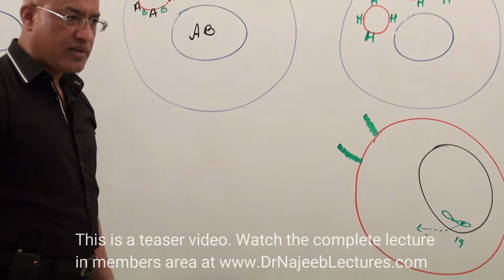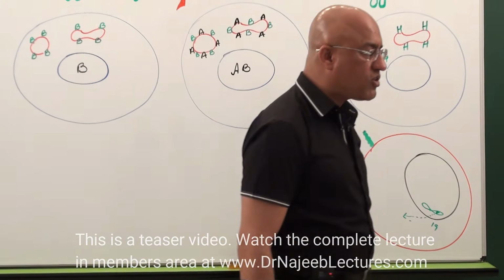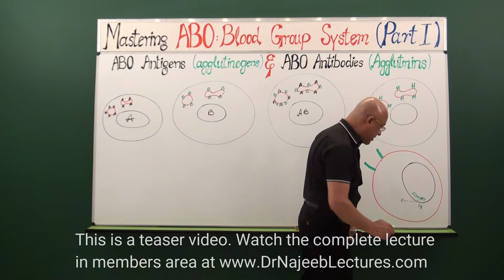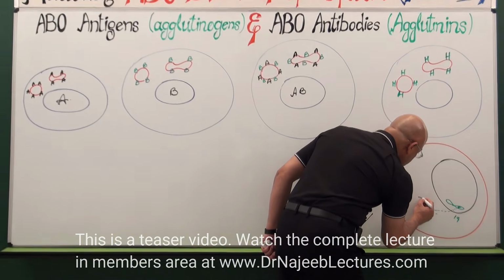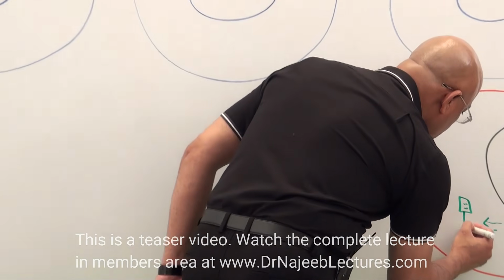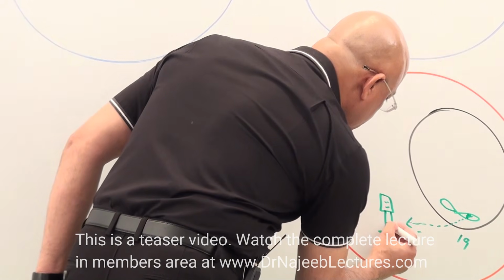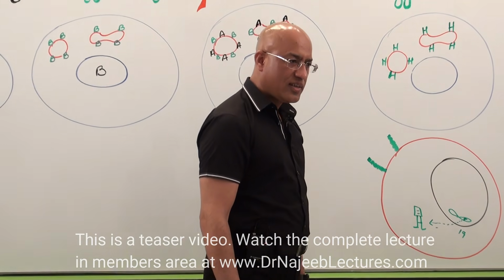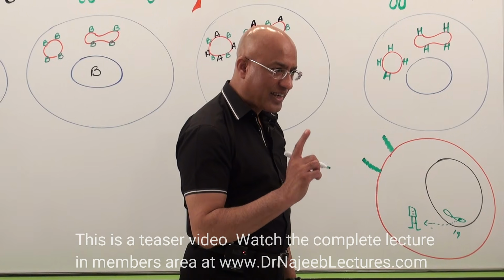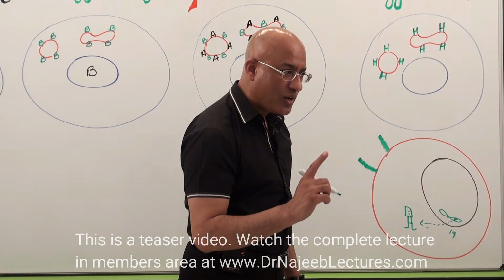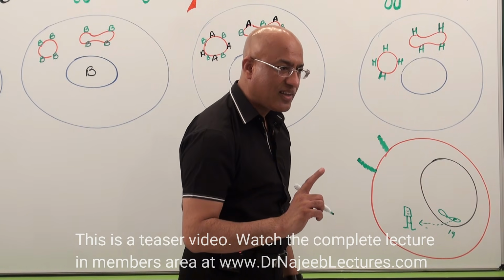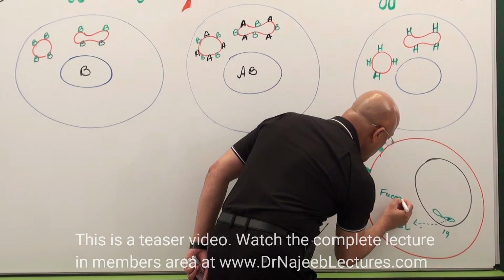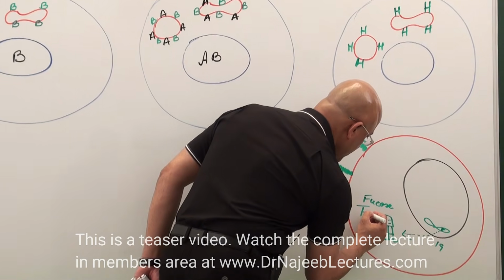This special gene is going to make a special type of enzyme, and this enzyme is called fucosyltransferase. Be careful, pronounce it rightly: fucosyltransferase.